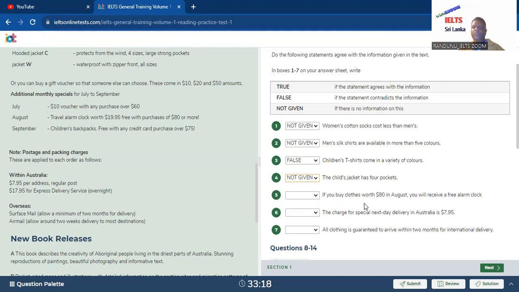Next one, if you buy clothes worth $80 in August, you will receive a free alarm clock. If you buy clothes worth $80, you get an alarm clock free. That one is in this line.